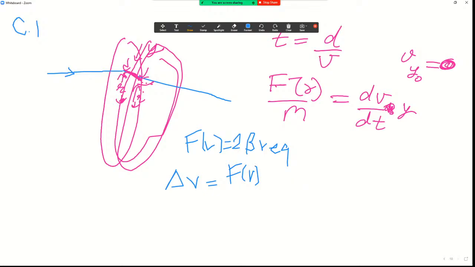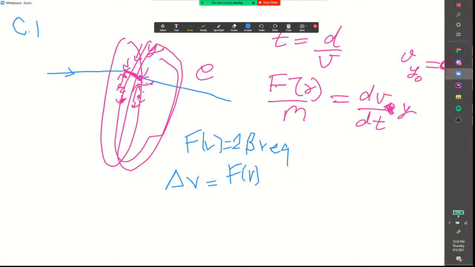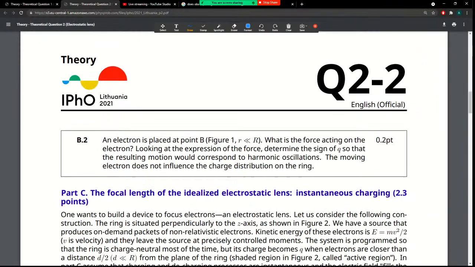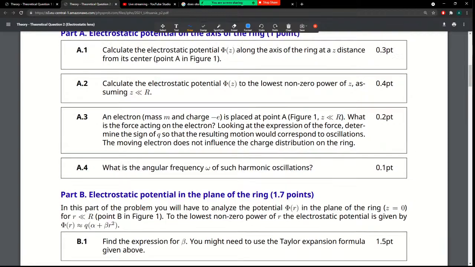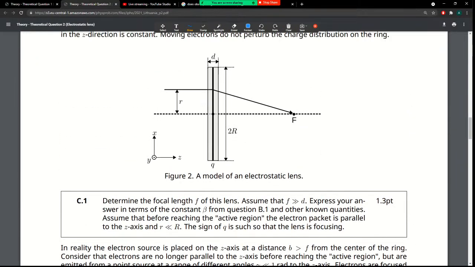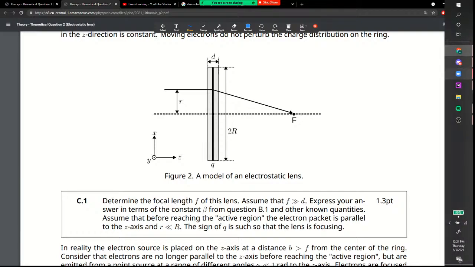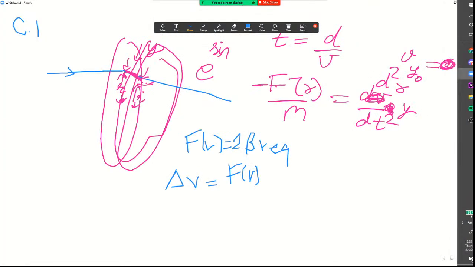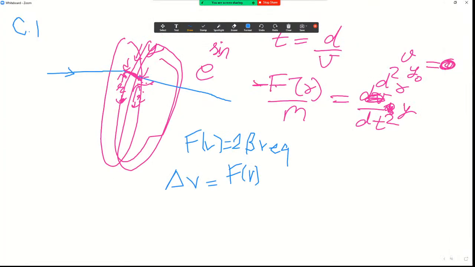So we will get some exponent function. No, this is minus, so we can get some sine function. We have d square r by dt square as minus r, so we can get a sine omega t.